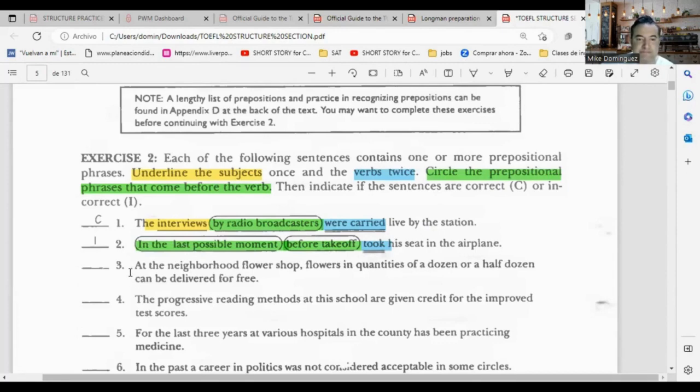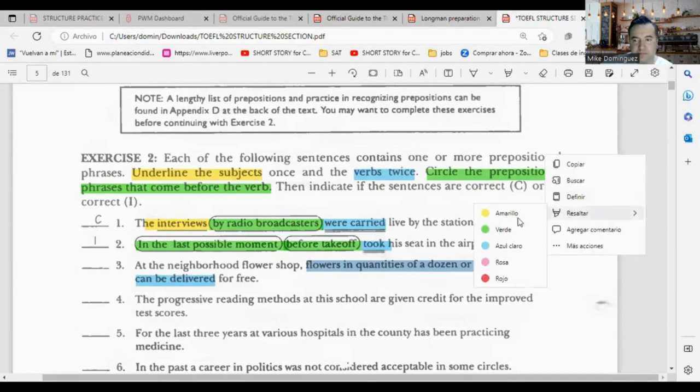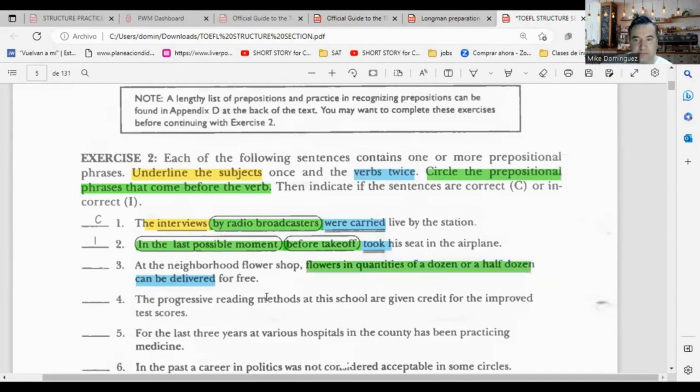"At the neighborhood flower shop, flowers in quantities of a dozen or half dozen can be delivered for free." "Can be delivered" is the verb. "Flowers in quantities of a dozen or half dozen" is green. And I guess "at the neighborhood flower shop" is the subject.